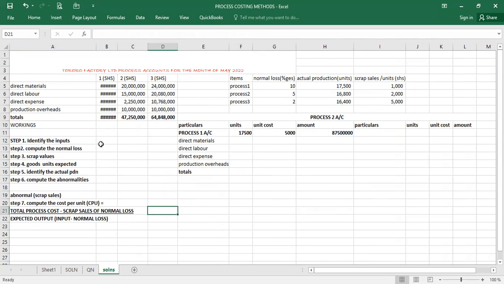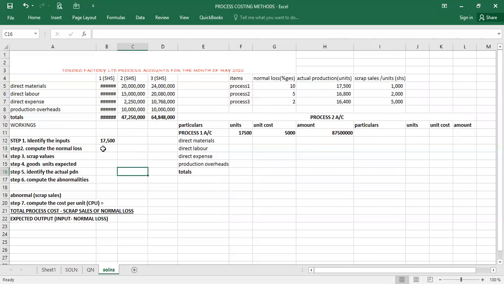So let's go to our, we said we have to first identify the inputs, and we said the output of the first process becomes the input of the second process. So our input is now 17,500.